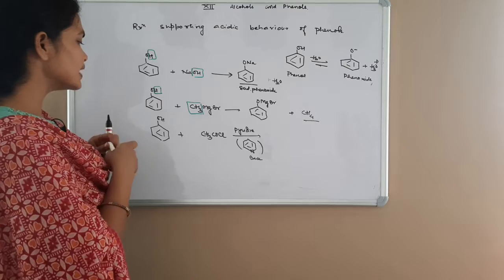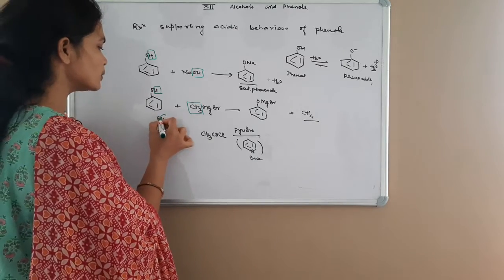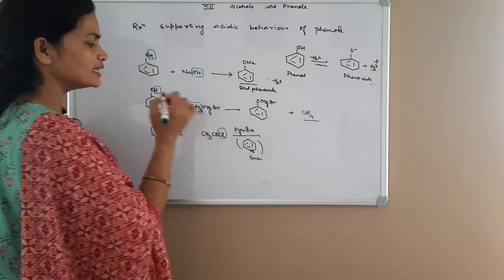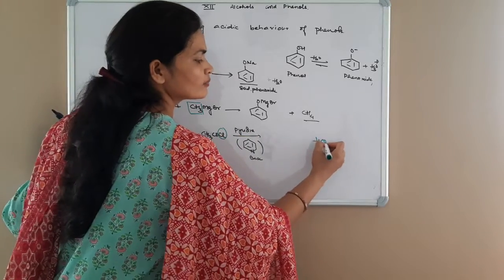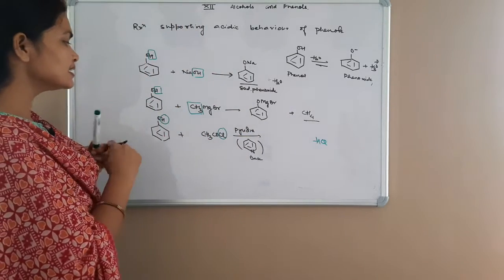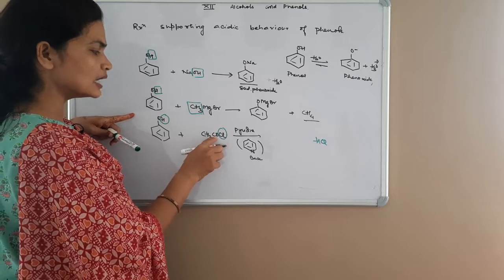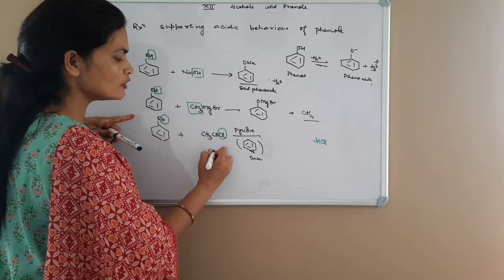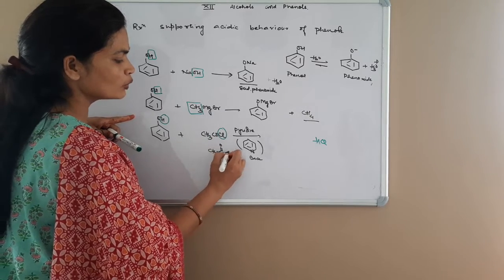So hydrogen H positive of this combines with Cl of this and they both form HCl, right? Other than that, this oxygen will combine with this carbon. Look at this, this structural formula is C double bond OCl.